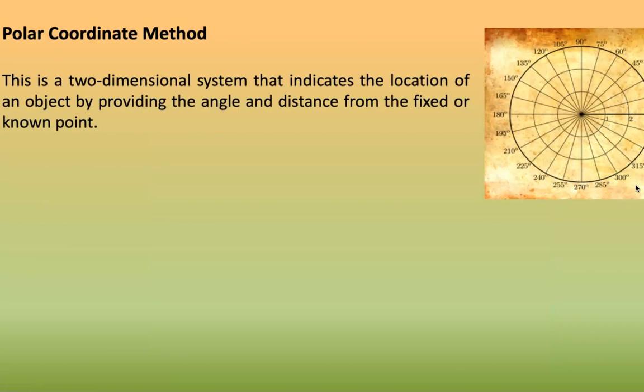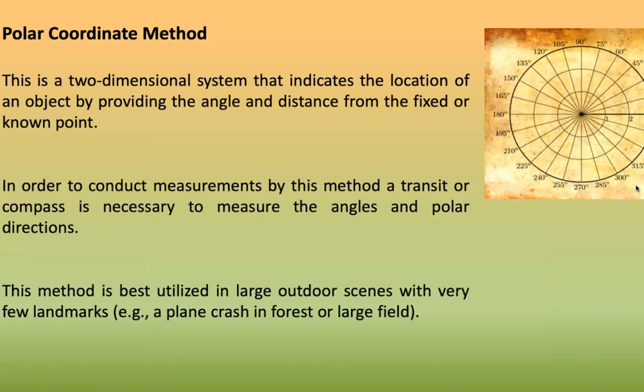Then comes the polar coordinate. With polar coordinates, when we also want to know the angle of the evidence, it is a very good thing, and it is actually a two-dimensional system. You conduct the measurement with the help of a transit compass, which I will show you in a further slide, the compass which has the angles also inscribed on it.